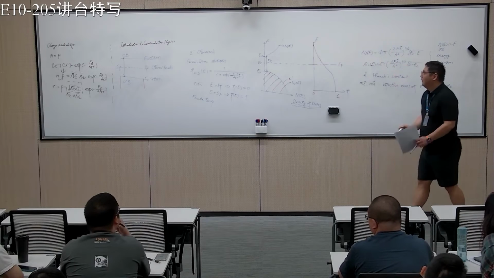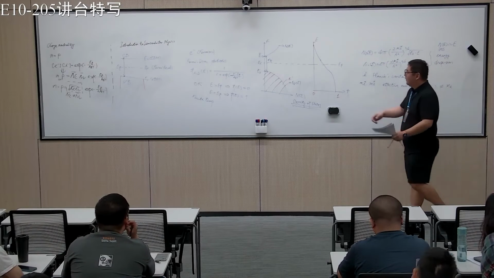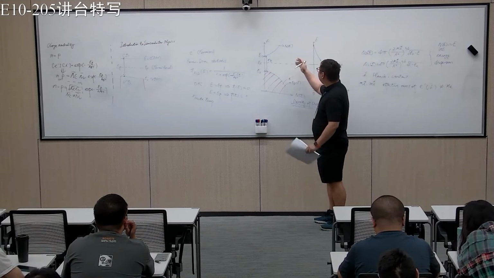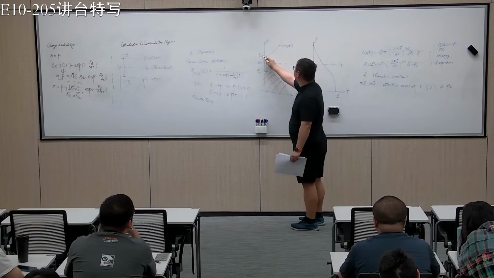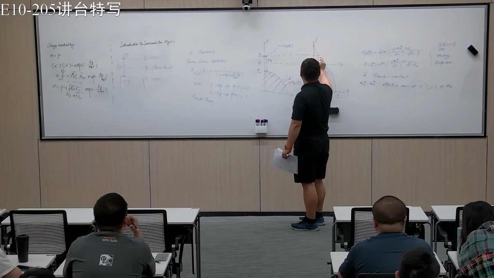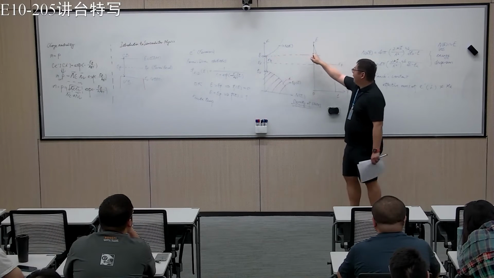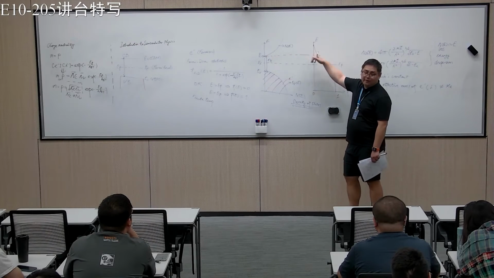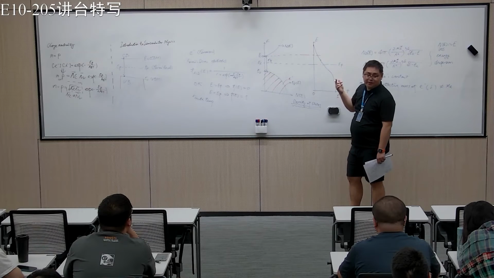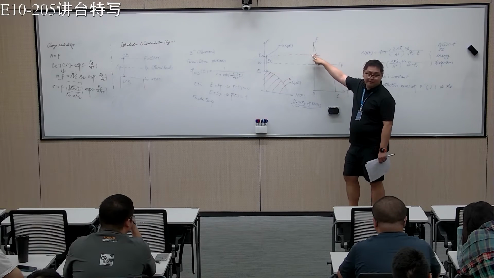Okay. So what you can see is that if you draw a straight line here, now if you have a state here, you can have some electrons, because the Fermi-Dirac distribution tells you that here you can have some electrons, right?